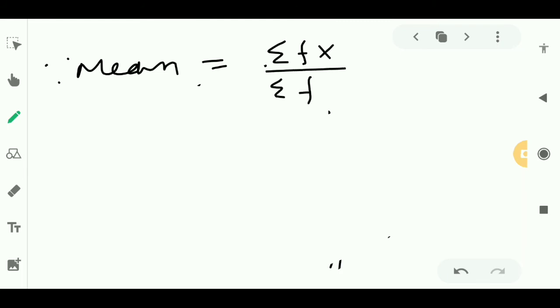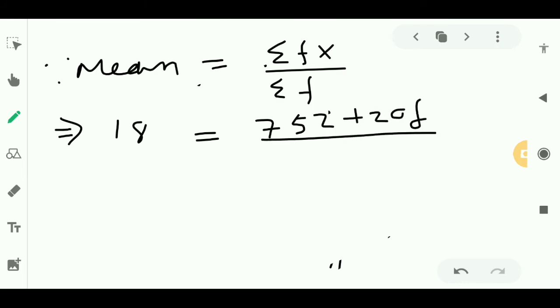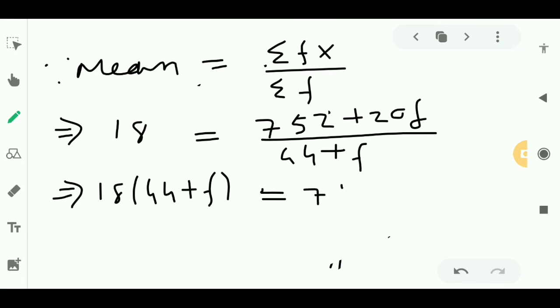So now the mean is already given. We use the mean formula: mean is equal to summation fx by summation f. Here the mean is given as 18 in the question, so we can write 18 equal to 752 plus 20f, over 44 plus f. Now we do cross multiplication: 18 into 44 plus f, and the other side remains the same.